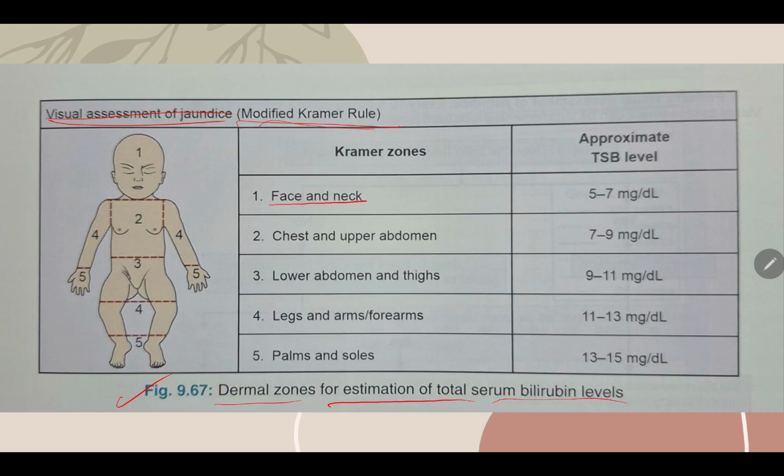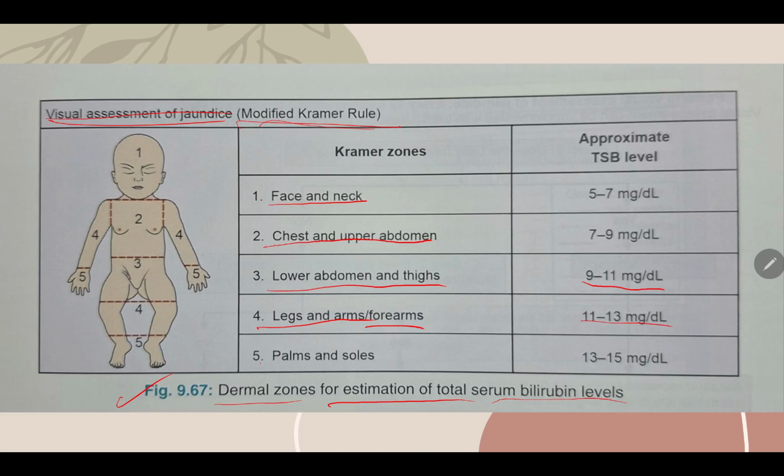Whereas yellowish coloration of chest and upper abdomen, as you can see in the diagram, suggests a TSB of 7 to 9 milligram per deciliter. If it involves lower abdomen and thighs, it can be between 9 to 11 milligram per deciliter, and legs, arms and forearms, as you can identify in the image, can be 11 to 13 milligram per deciliter.